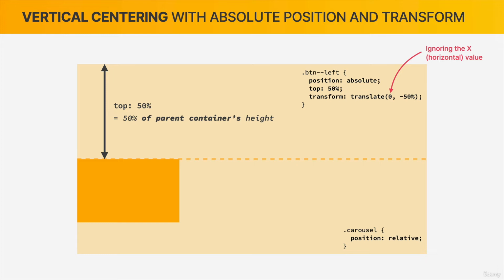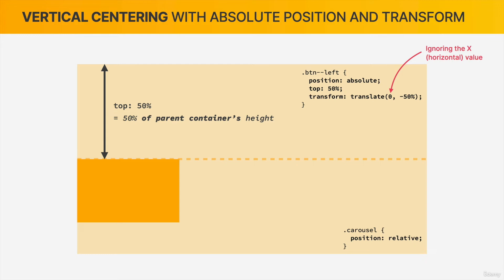Now, in this case, we use transform not with scale, but with translate. And what translate does is to basically move the element around. Here we can specify the x value, which is basically horizontally, and the y value, which is the second one, and so that is vertically.